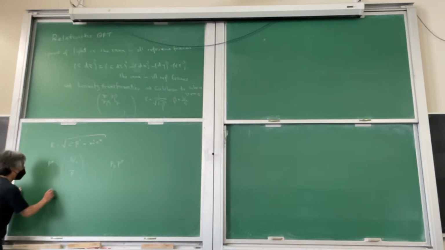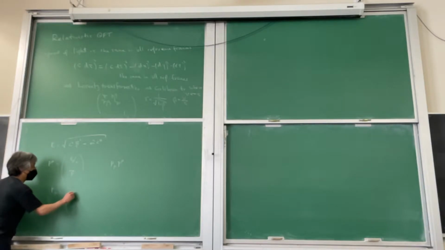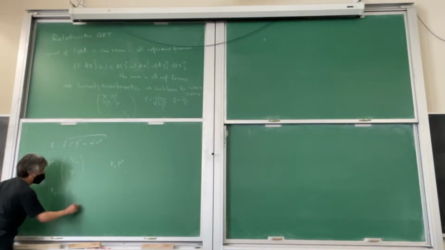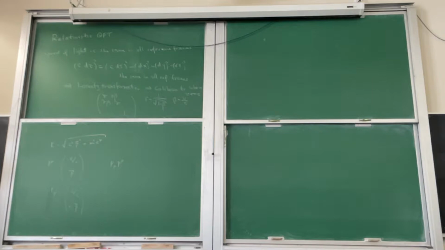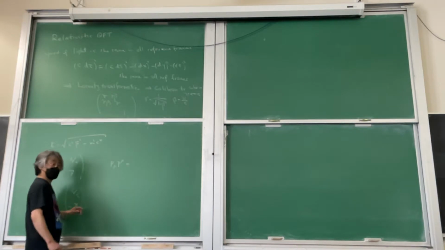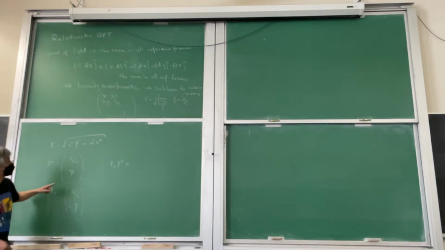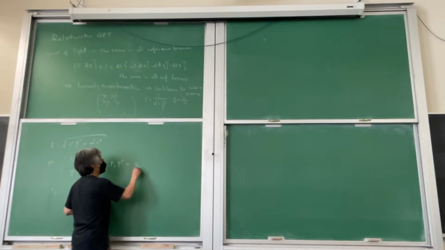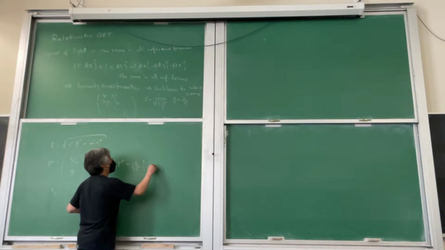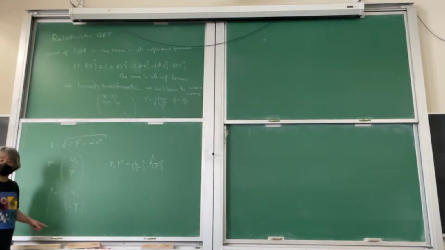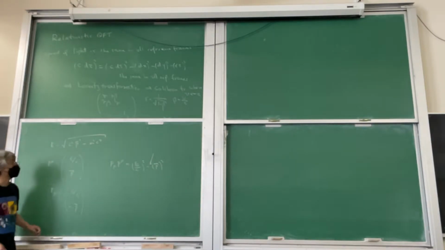And a downstairs index means you flip the sign of the spatial components. So the time component doesn't change, but the spatial component flips its sign. So with this definition, if you sum over the indices, this is E over c squared minus p squared. So this minus sign is what comes out from this downstairs index.